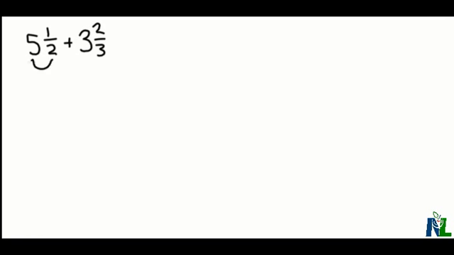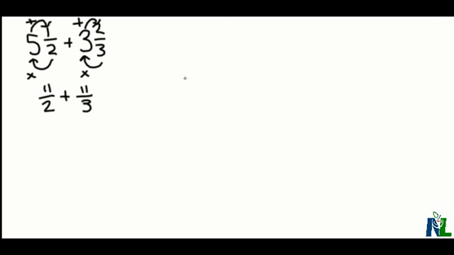So to do that, you just do 5 times 2 is 10, plus 1 is 11/2, plus, and we also need to change this mixed number to an improper fraction. So 3 times 3 is 9, plus 2 is 11/3. And as you can see, we have different denominators.